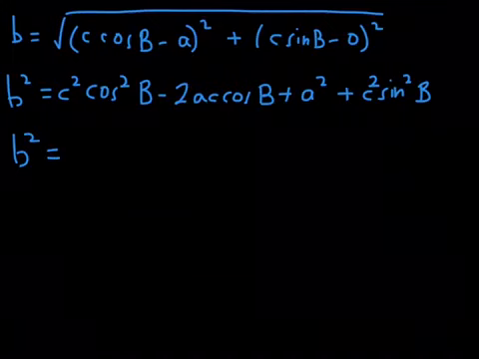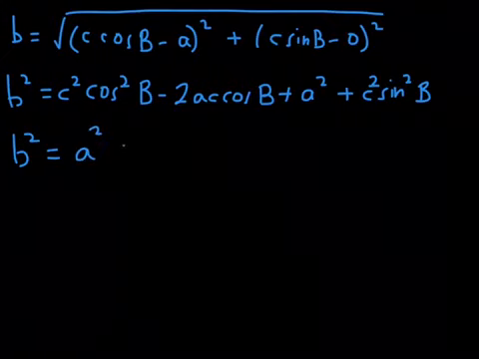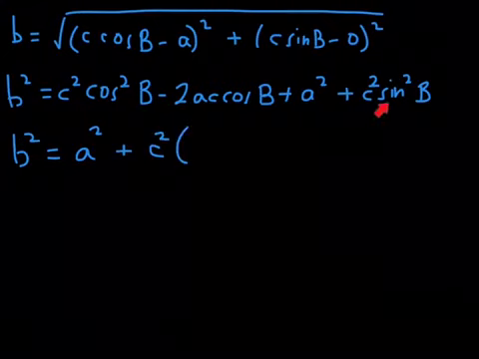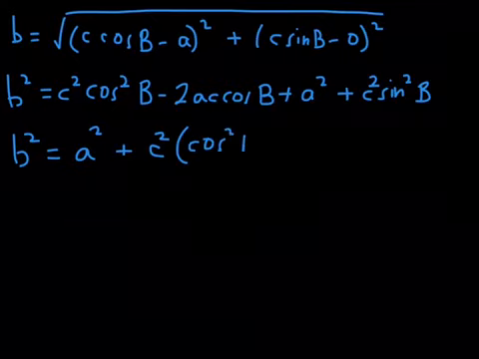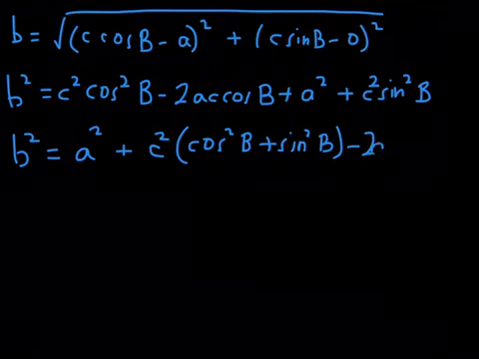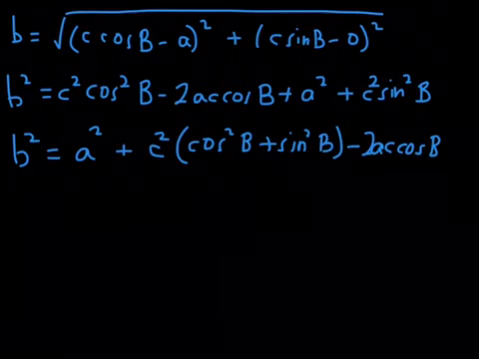I'm going to use the associative property for addition to write a squared first on this right-hand side, plus, now watch this, I'm going to factor out c squared from both this term and this term, which would leave me with cosine squared of b plus sine squared of b, like that. And then, of course, we have minus 2ac cosine of angle B. And now this here, I'll underline it for us. This is an identity. This is equal to 1.